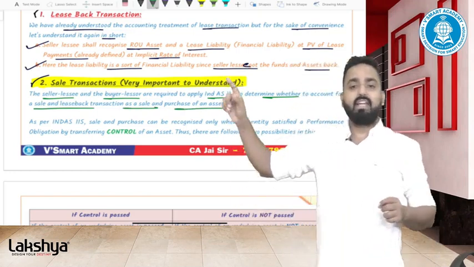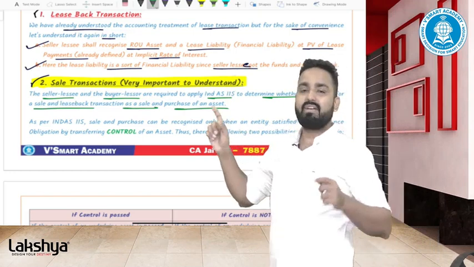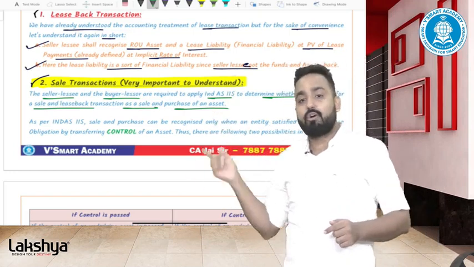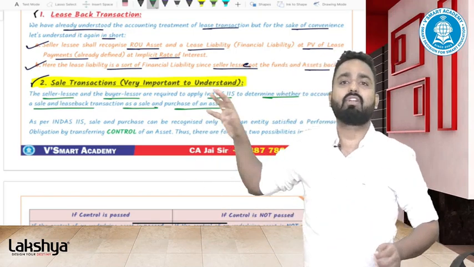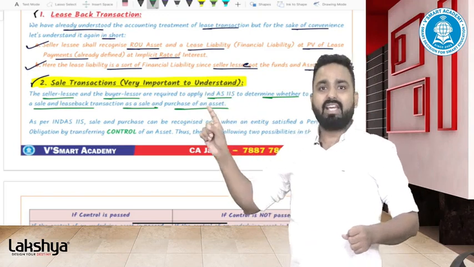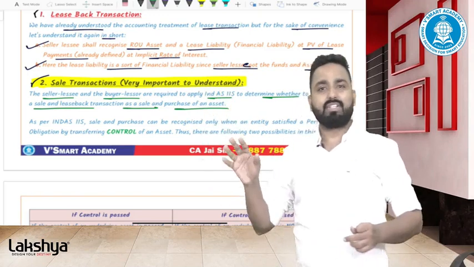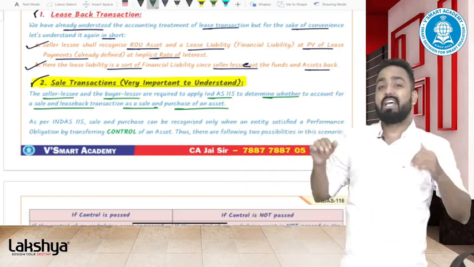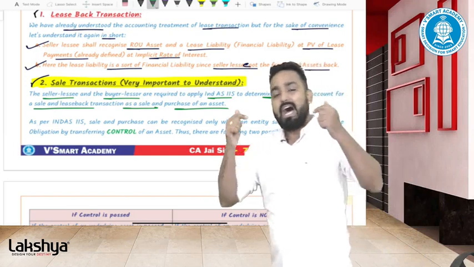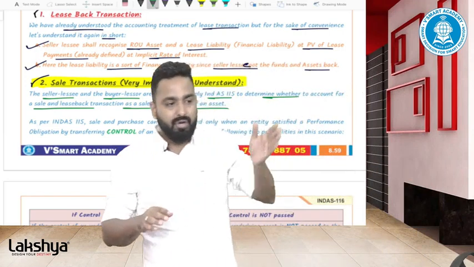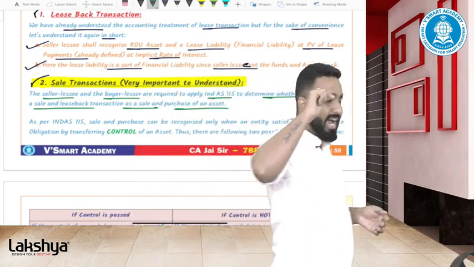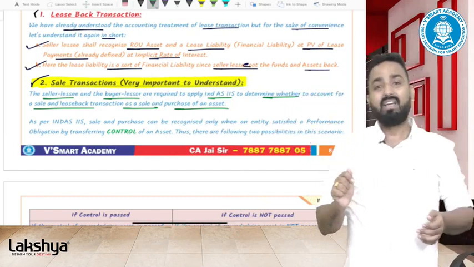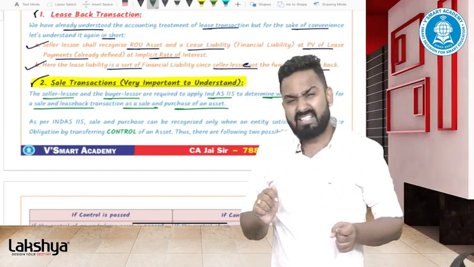Now see, Ind AS 116 says that first of all look into the substance of the transaction. Is it really a sale or is it not really a sale? First of all, identify this transaction of sale and leaseback and try to assess, is it a sale really?